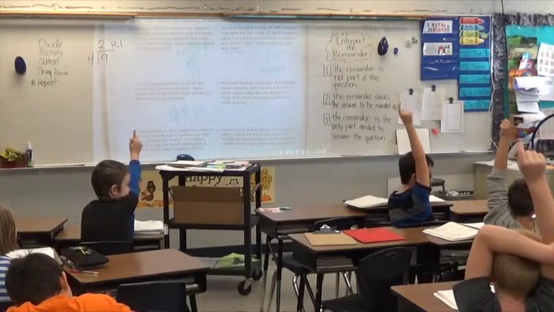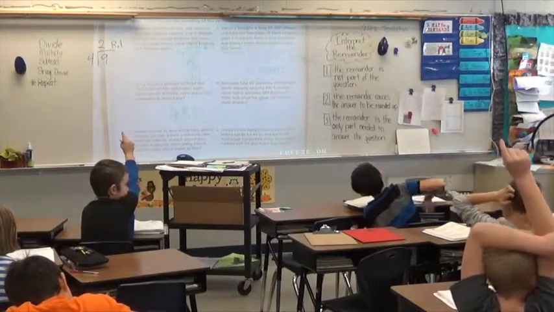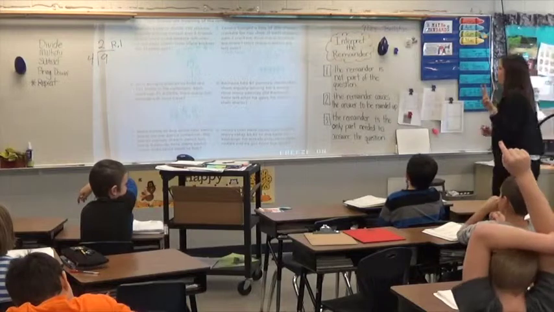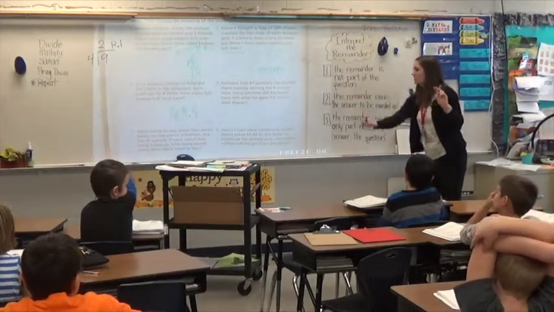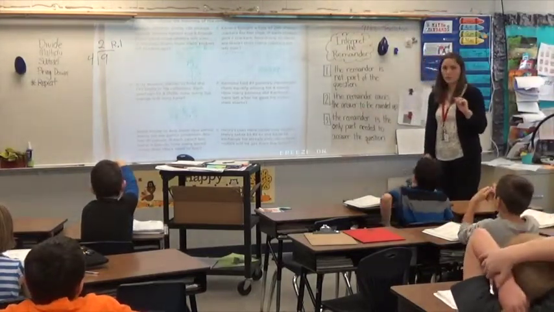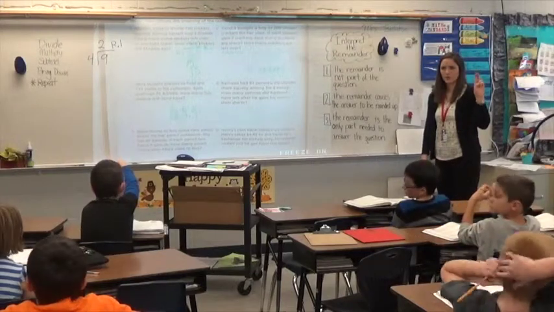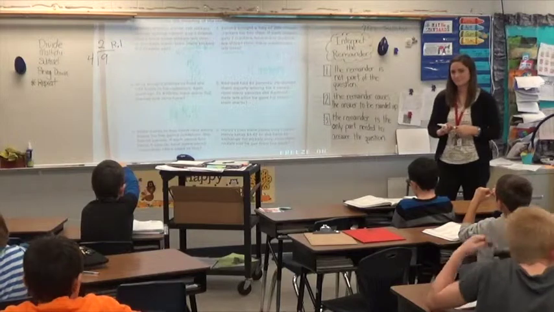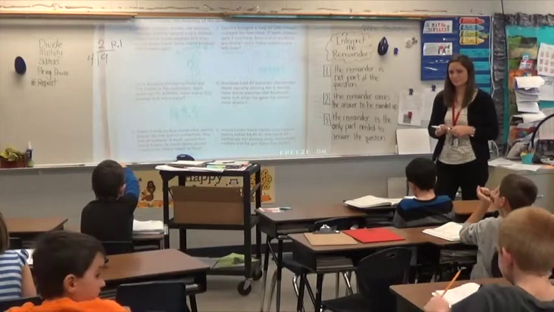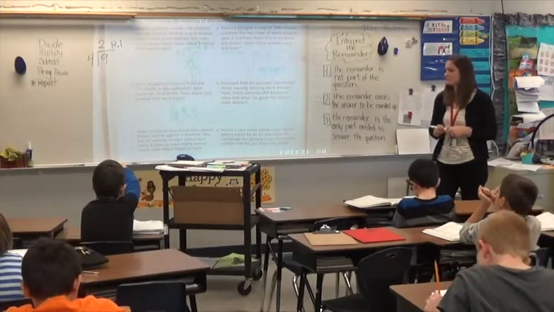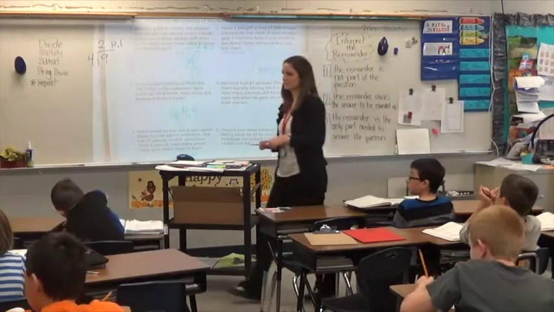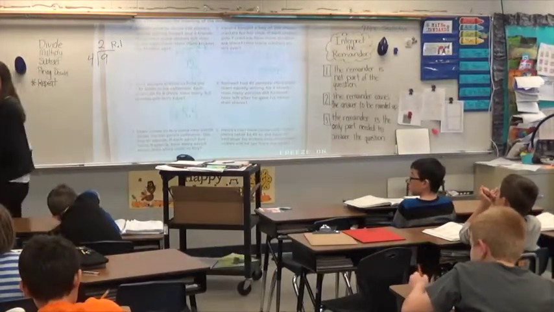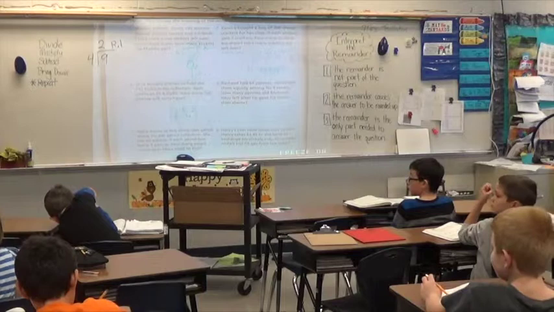I've got a few mixed responses. Okay, those that voted number 2, why did you decide that the remainder needs to be rounded up? Who voted 2? I saw a few people voted. Quinlan, why do you think it needs to be rounded up? Anybody else? Why number 2?